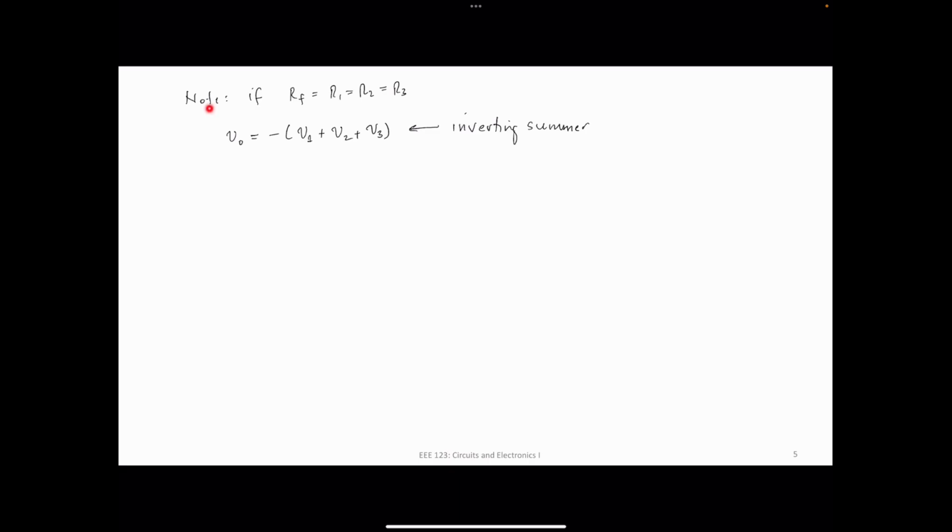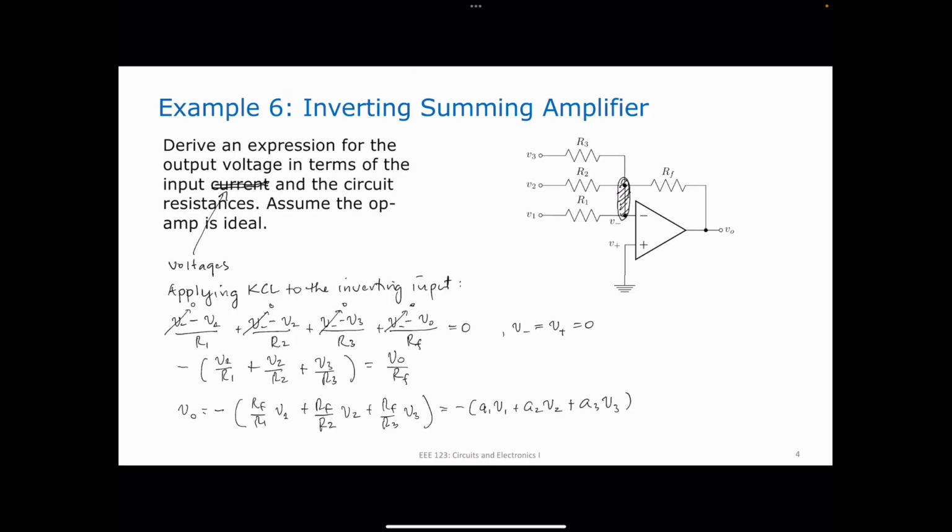Now, if this condition is not met, then you're going to have to compute for the coefficients A1, A2, A3, depending on the values of RF, R1, R2, and R3.